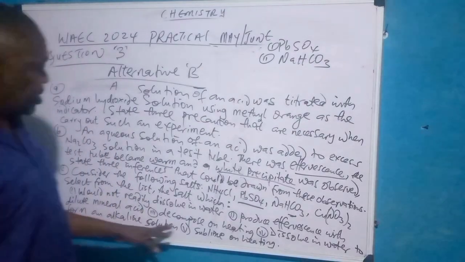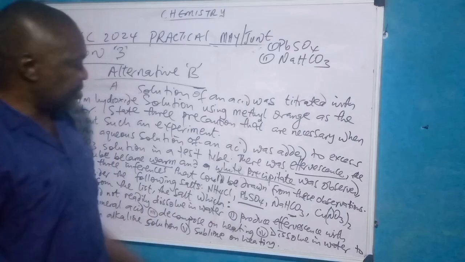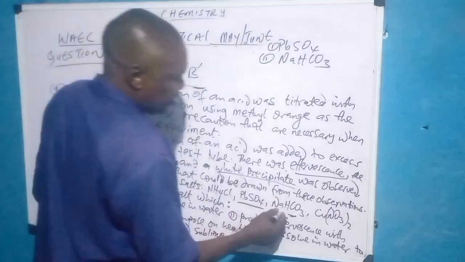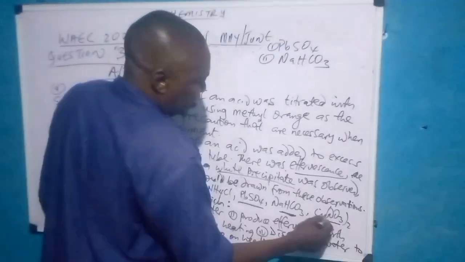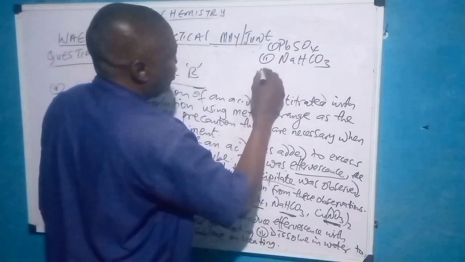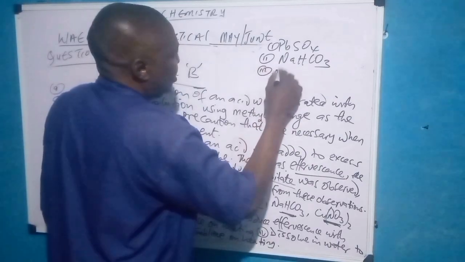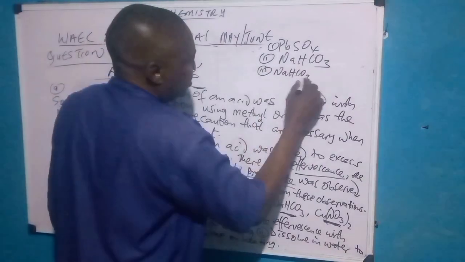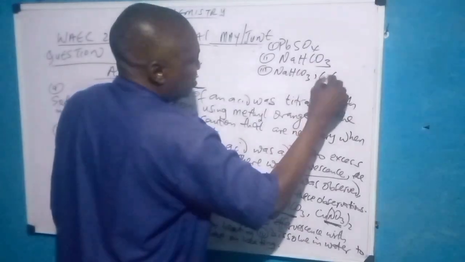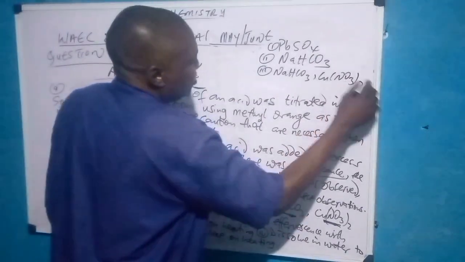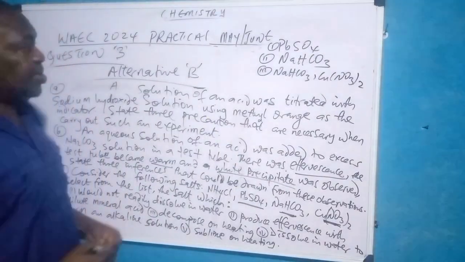Then decompose on heating. This one will decompose on heating. This will also decompose on heating. So the ones that decompose on heating are NaHCO3 and Cu(NO3)2. Both of them will decompose on heating.